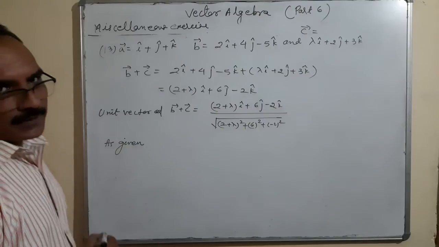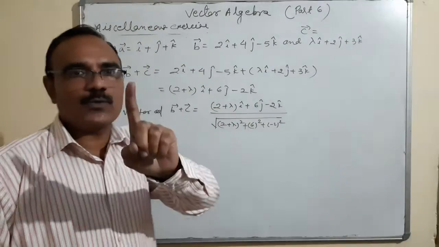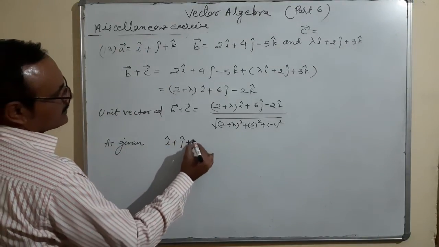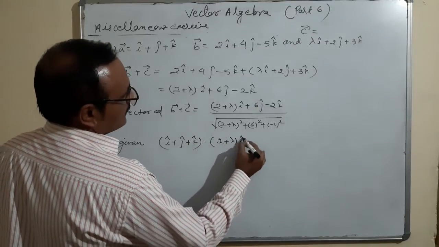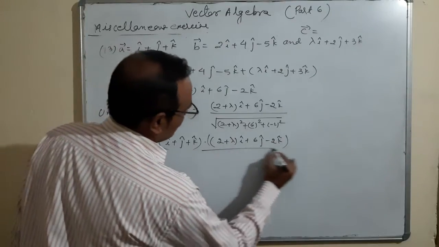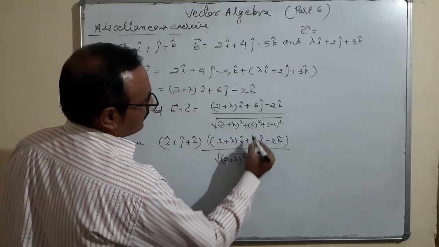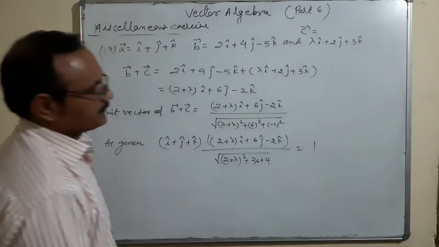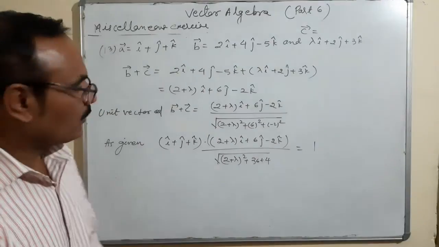Now what does the question say? The scalar product of this and this is equal to 1. So as given, (i plus j plus k) dot ((2 plus lambda)i plus 6j minus 2k) upon the square root of (2 plus lambda) whole square plus 36 plus 4 is equal to 1. It is given that this is equal to 1.